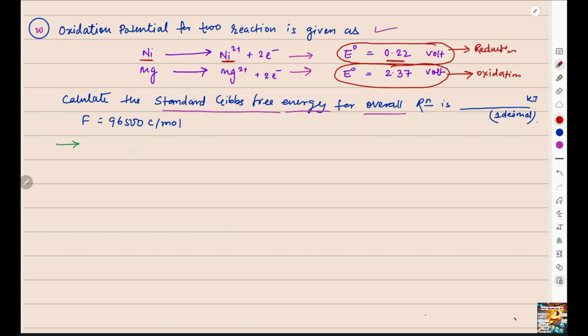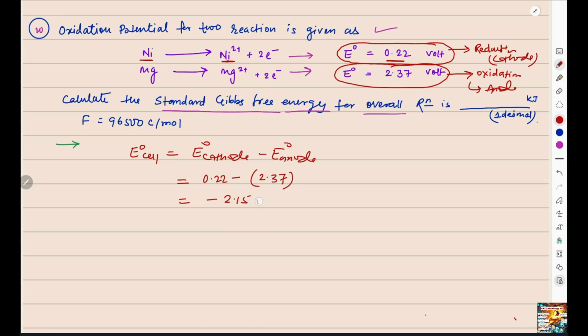So now we can write E naught of the cell as E of cathode minus E of anode. Oxidation we know is anode, whereas reduction is cathode. So we will write 0.22 minus 2.37. So we will get minus 2.15 volt.